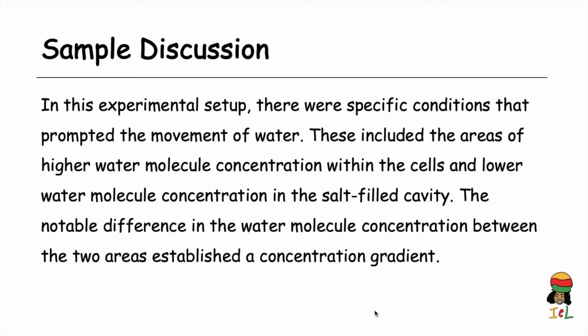In this experimental setup, there were specific conditions that prompted the movement of water. These included the areas of higher water molecule concentration within the cells and lower water molecule concentration in the salt-filled cavity. The notable difference in water molecule concentration between the two areas established a concentration gradient.